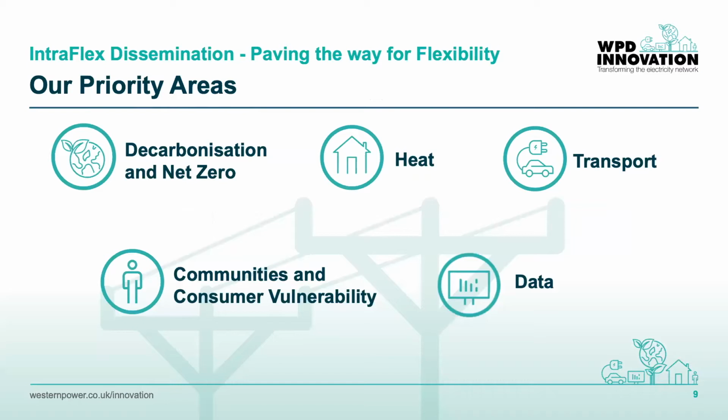So in terms of what we are doing in Western Power Distribution, our priorities are really quite clear. We are still here predominantly to keep the lights on, but increasingly our whole reputation and brand is going to be driven by decarbonisation and net zero, specifically how we connect heat and transport electricity energy into our grid.